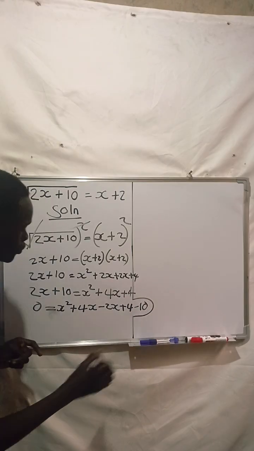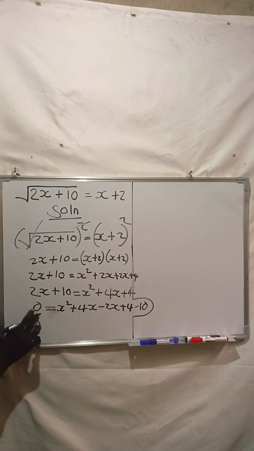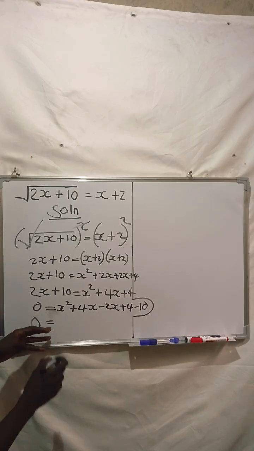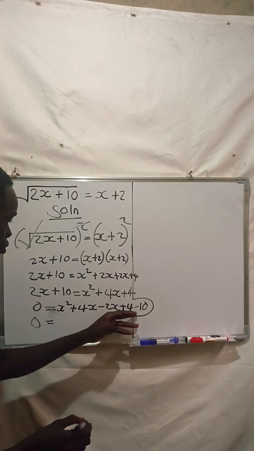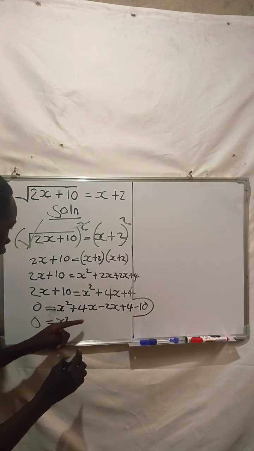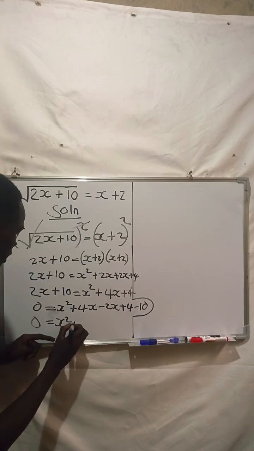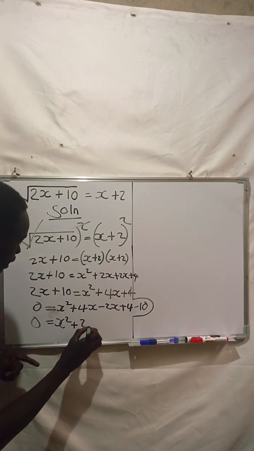Okay, so what next is we are going to add and subtract. Here we're having 0 equal to x squared plus, let's subtract, 4x minus 2x, it is going to be 2x.